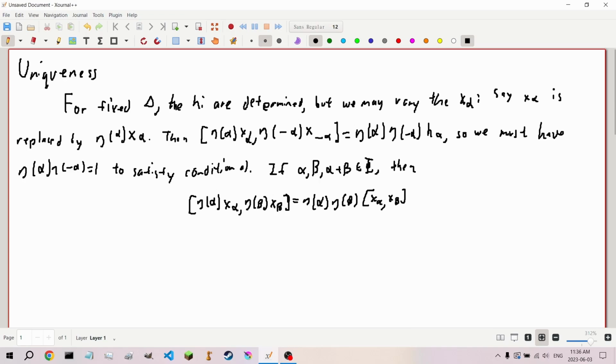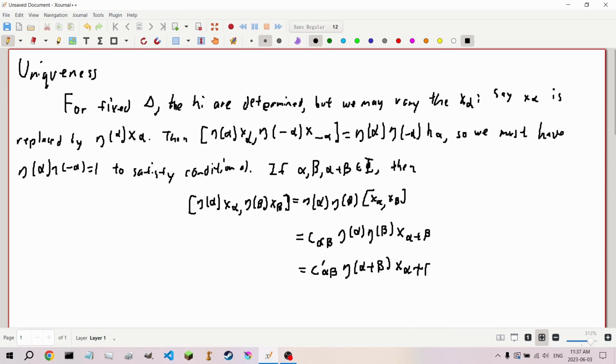Then we know that this term on the right is going to be a scaling factor, the structure constant c_alpha,beta, times, of course we still have our eta_alpha eta_beta in there, on x of alpha plus beta, which is equal to, we're going to call it c prime alpha,beta, times eta of alpha plus beta of x_alpha plus beta.